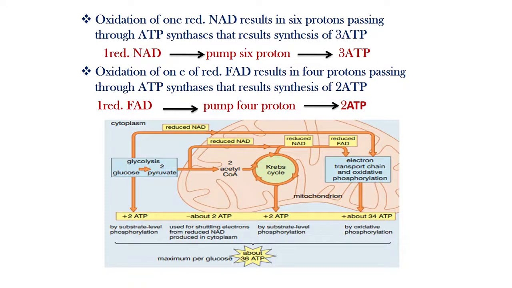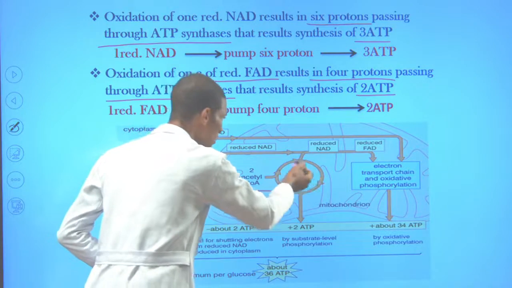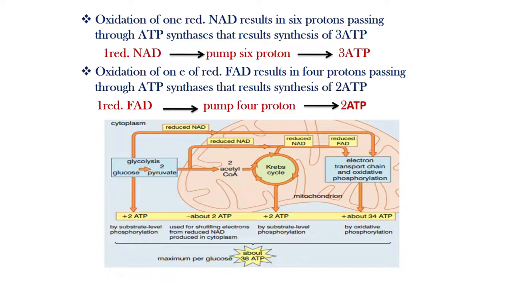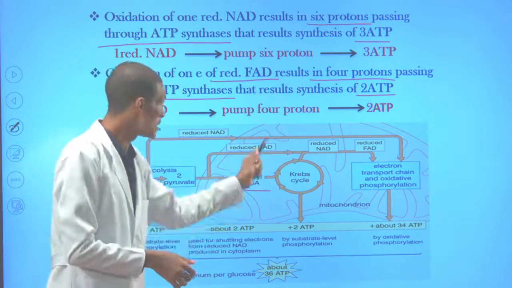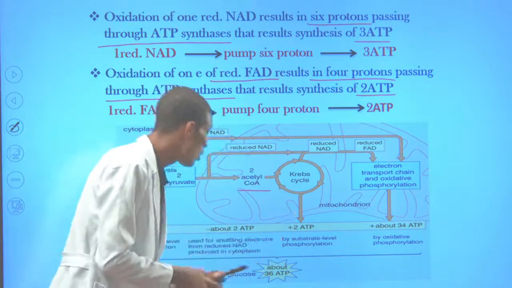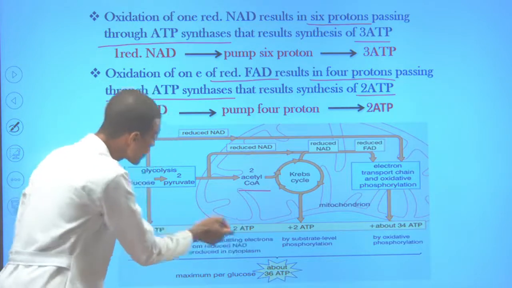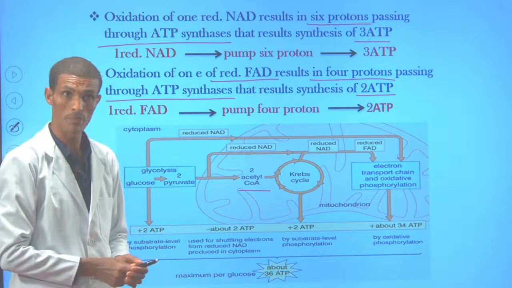Then acetyl-CoA enters the Krebs cycle, which completes the oxidation of all carbon in the form of carbon dioxide, and the hydrogen in the form of coenzymes takes place here. After regeneration here, there are 6 reduced NAD produced, 2 FAD molecules produced, and 2 ATP molecules produced. ATP production here is by substrate level phosphorylation, where 2 of the ATP from glycolysis is important in the shuttling process, proton shuttling.